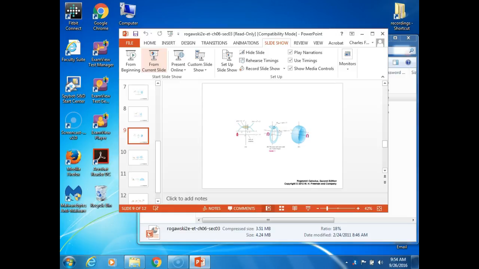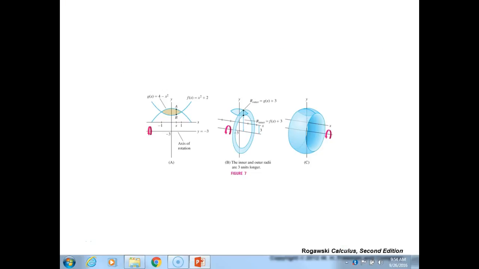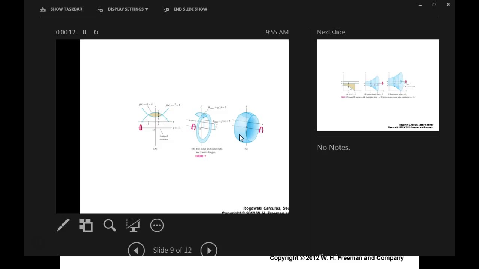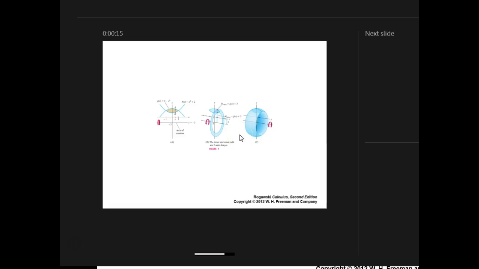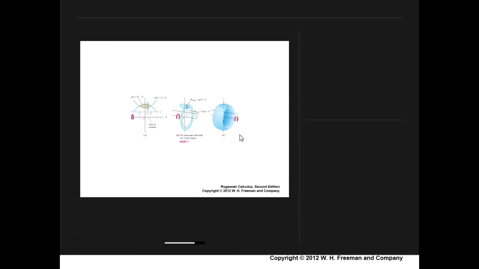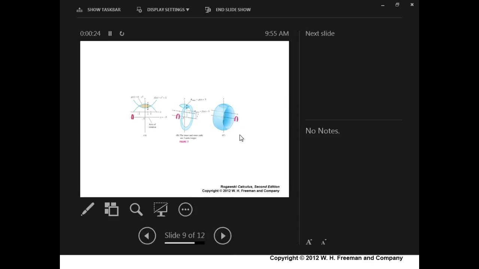Goodness, this takes too long. I can't do this ahead of time because once I do this, I can't get back to launch Screencast-O-Matic. So that's what's awkward about it. I wish I could get this stuff done ahead of time. You can't see anything because I don't have a projector on.